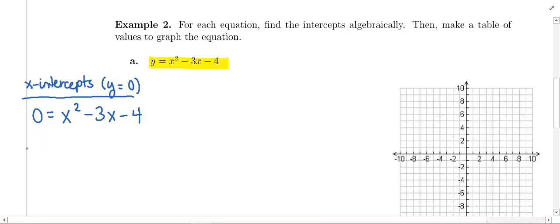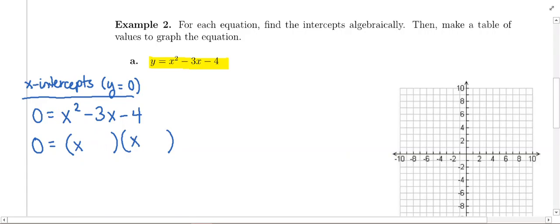To factor, we're going to leave the 0 on the left side, and then we're going to factor the non-zero side. Basically you're taking x squared minus 3x minus 4, and you're trying to write it as something times something. This first term here is x squared, so we know if we do x times x, those two things will multiply together to give us x squared.